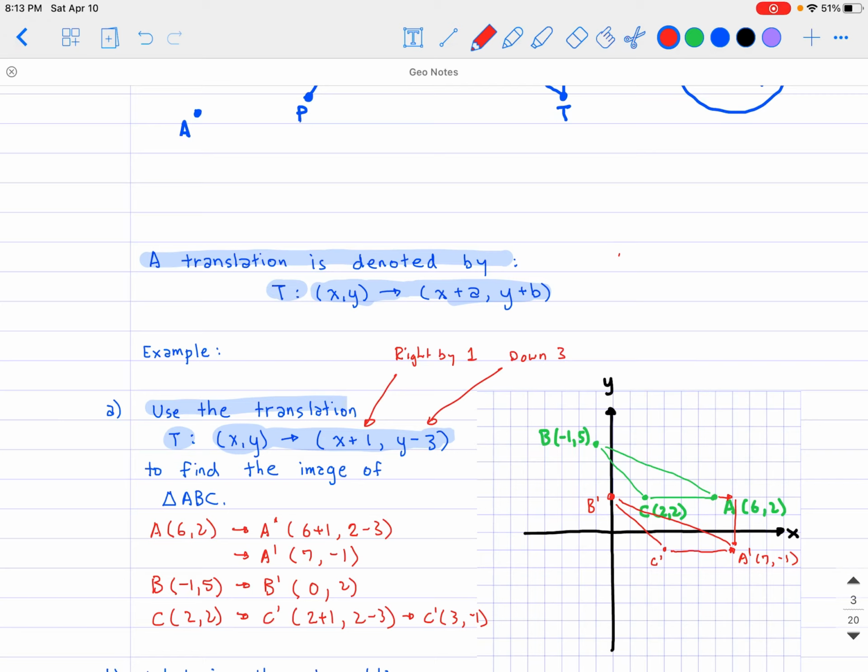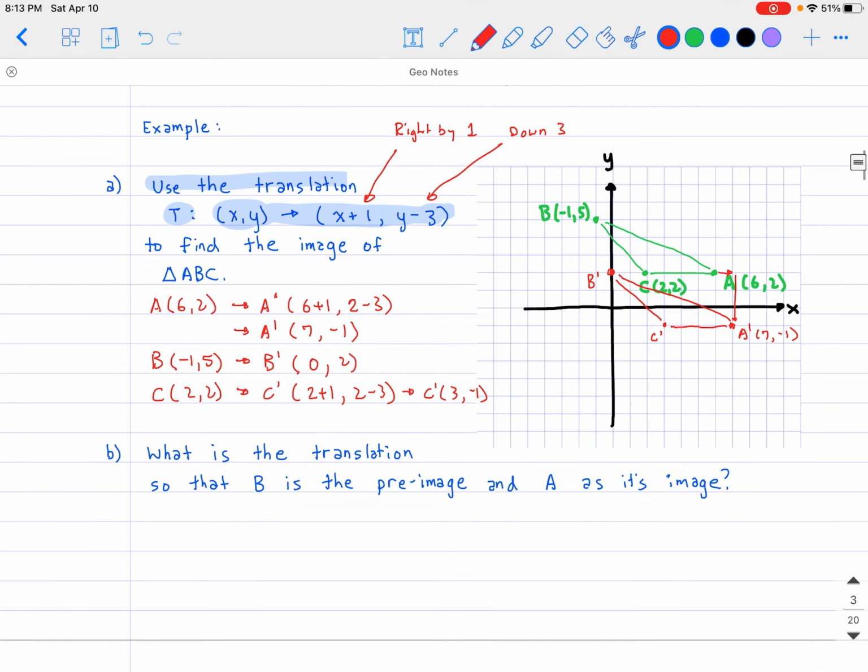These two triangles are congruent to each other. So it only makes sense that these two triangles are going to look almost identical to each other, right? Notice the green triangle: if I move it to the right by 1 unit and then move everything down by 3 units, that result is going to give me exactly the red triangle, okay?